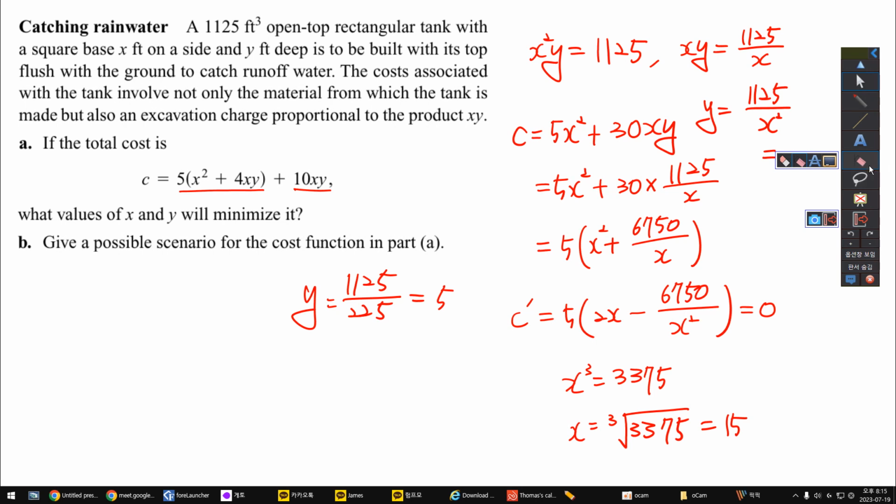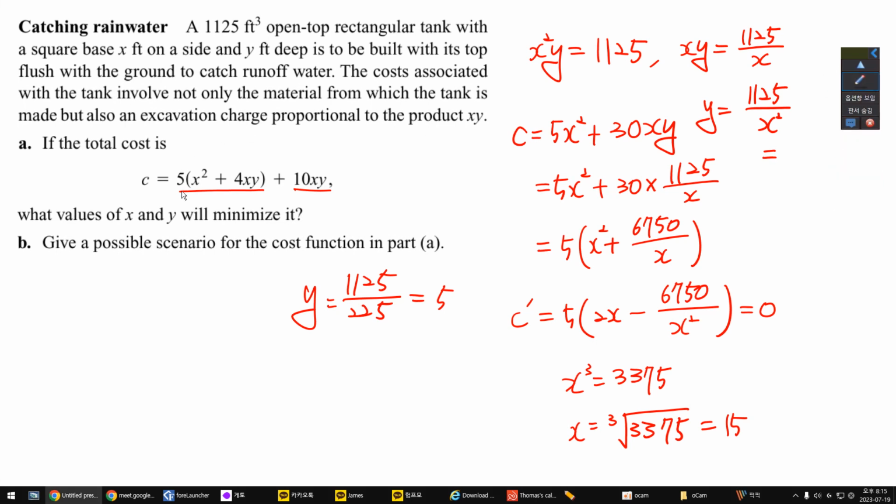And if I explain more, the unit cost for making the material is $5 per square feet. Am I right? And for the excavation, it'll cost $10 to make 1 square foot area.